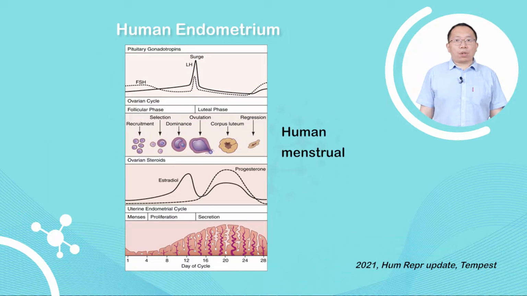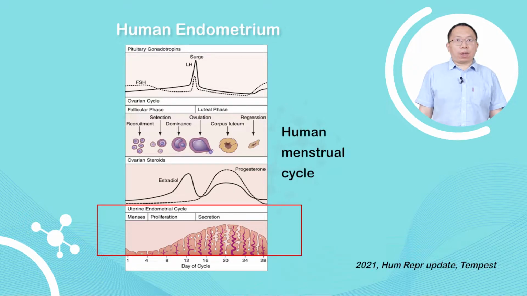Menstruation, or regular shedding of the functionalis, is the most distinctive feature of human female reproduction. Endometrium is the primary target organ for ovarian hormones. With monthly remodeling, the functionalis epithelia proliferate massively in response to estrogen in the proliferative phase.